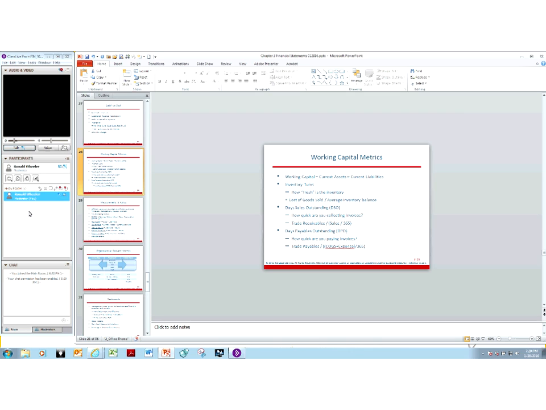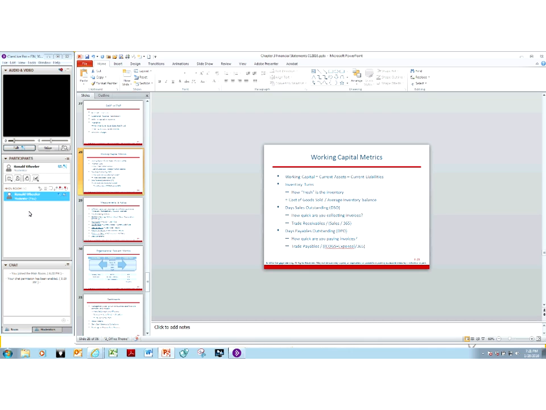Another important one is days payable outstanding. We kind of hinted around this when we were looking at the balance sheet, but this is how quickly you are paying your invoices. It's calculated as your trade payables off your balance sheet, divided by the sum of your cost of goods sold and operating expenses, divided by 365, so an average daily expense number. What we saw in our balance sheet was accounts payable growing dramatically.